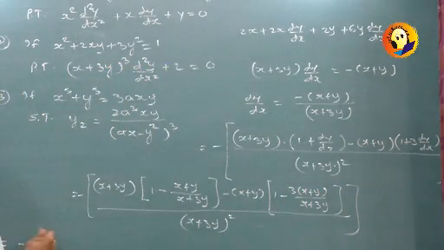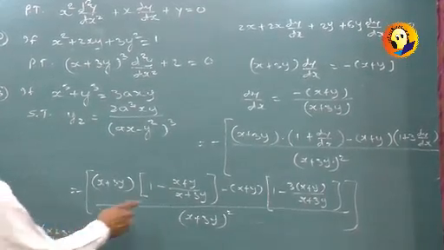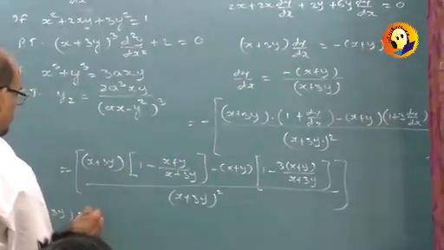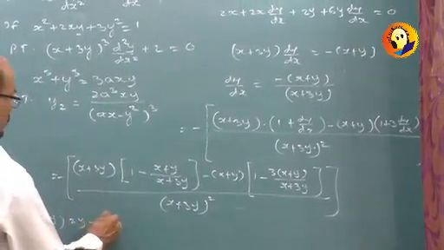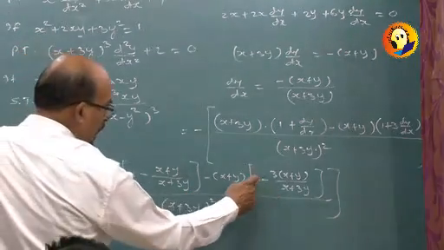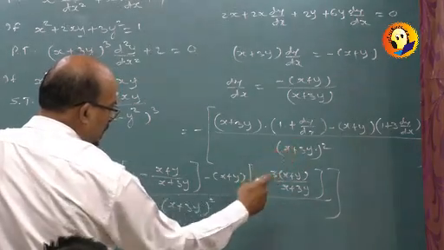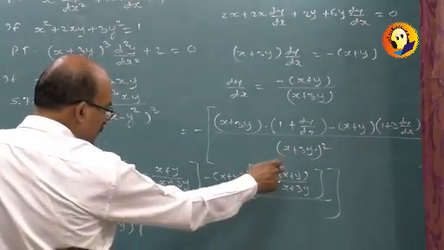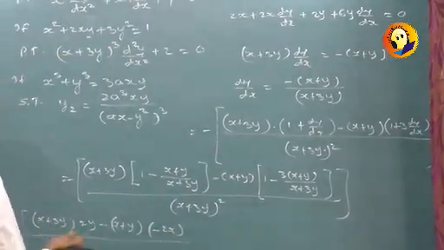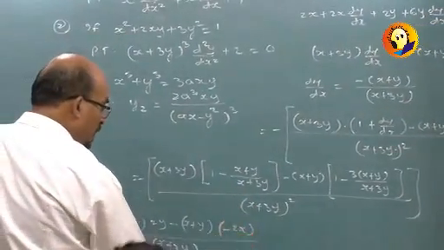So it is minus of (x plus 3y). If you take LCM, it is x plus 3y minus x minus y, so becomes just 2y, minus of (x plus y), and it will be x plus 3y minus 3x minus 3y. So 3y cancels, it will be x minus 3x, so it will be minus 2x upon (x plus 3y) bracket cube.